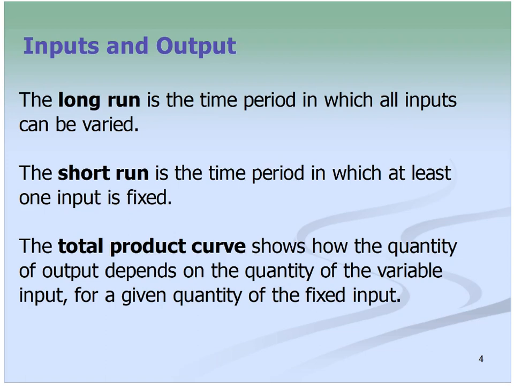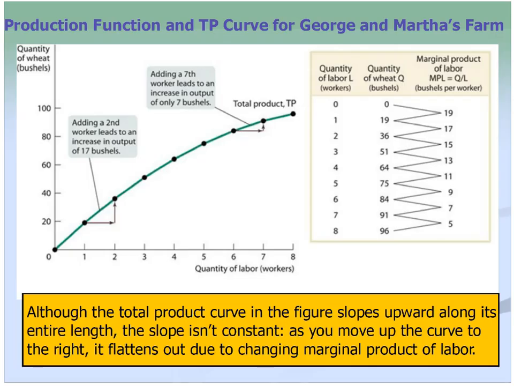What is the total product of what we're putting into it and what we're getting out of it? That's the total product curve, and we see it as an upward sloping curve. We've talked about that in terms of a supply curve. This would be that supply curve, and it's a production function.